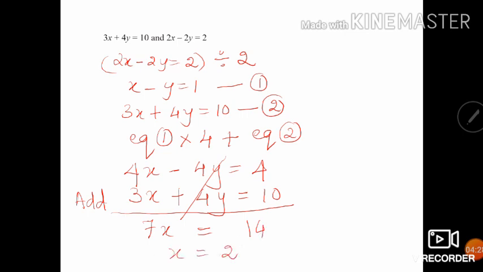This gives us the value of one variable which can be substituted in either equation 1 or equation 2. So let's substitute this value in equation 1 because it seems simpler.